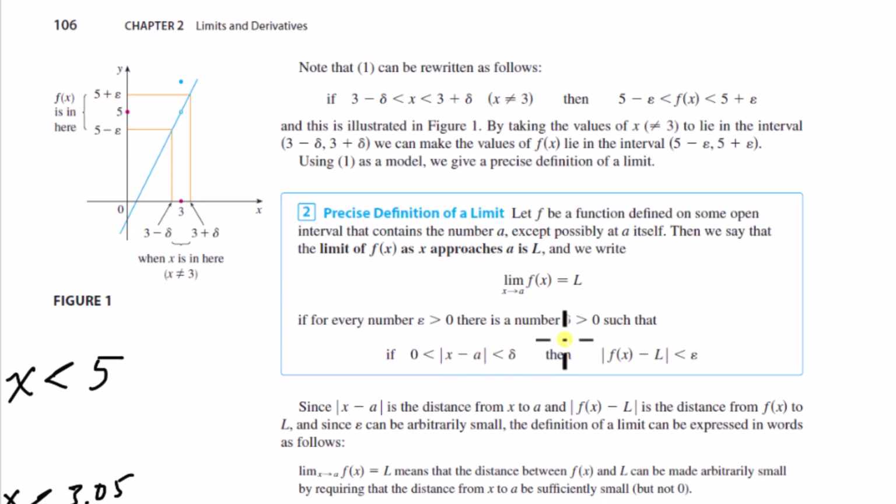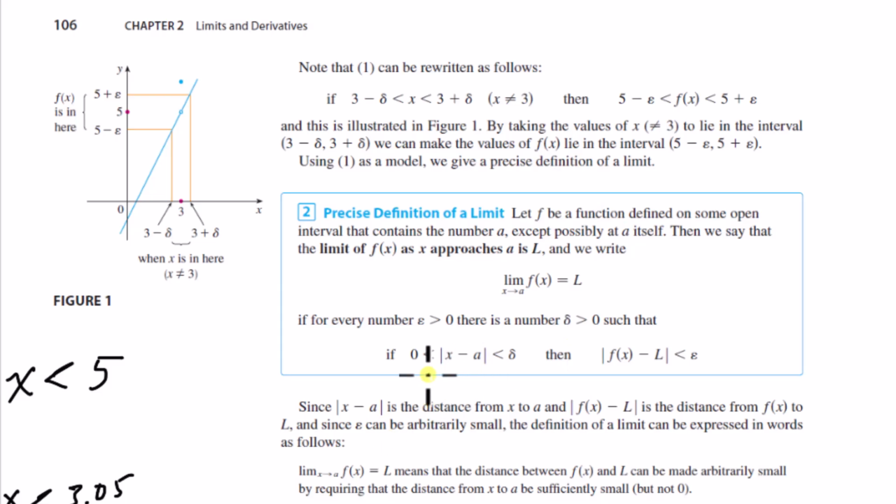Same idea with delta. Okay, so first of all, what is delta? Okay, delta is absolutely any positive real number on the number line, no matter how small it is, that represents the largest distance some random x value is from the limit point a. So with a general two-sided limit, delta is just defining some set of x values around the limit point a that you can pick from.